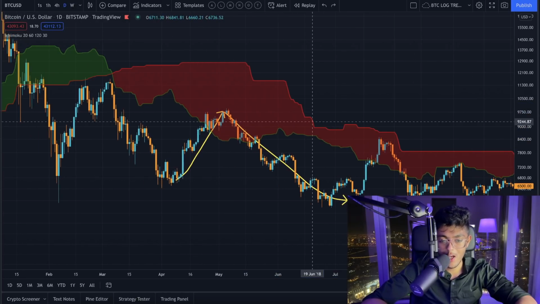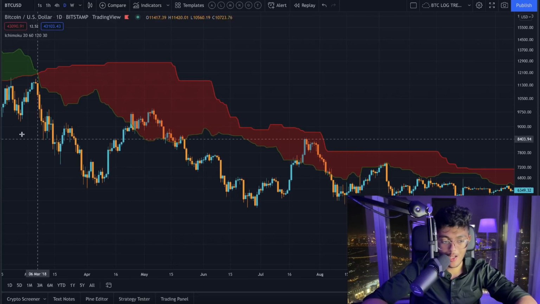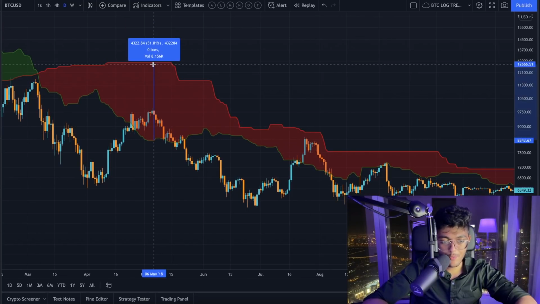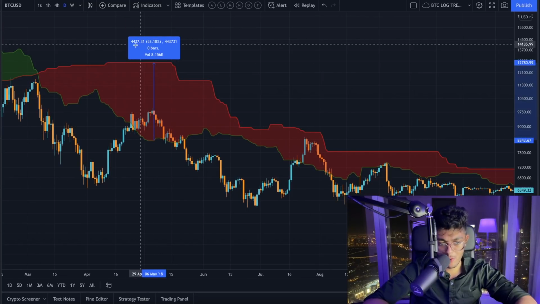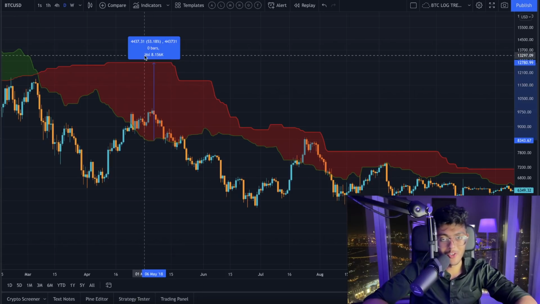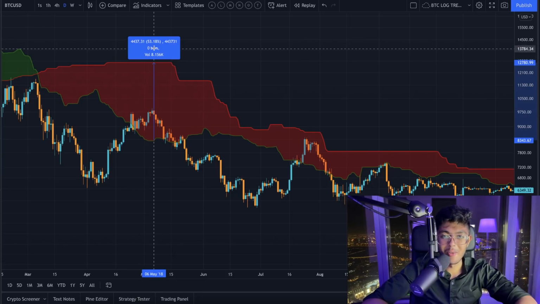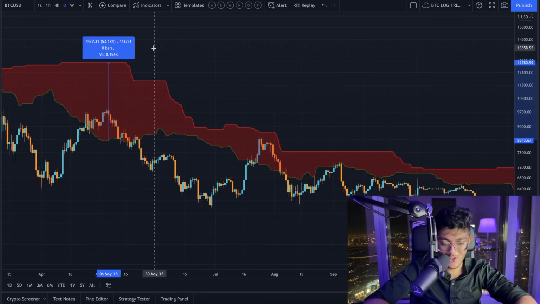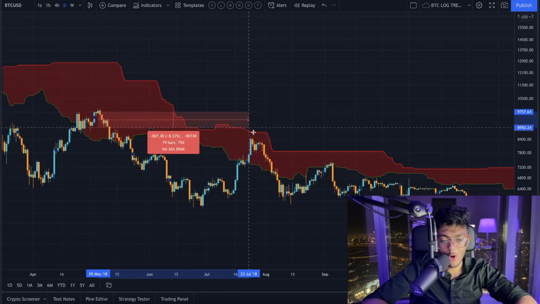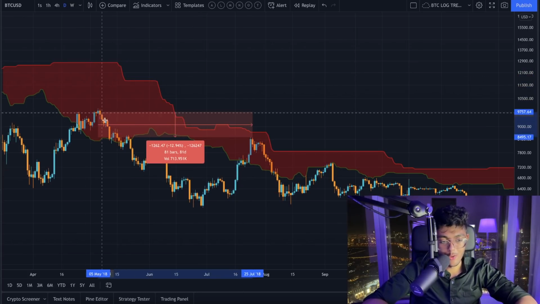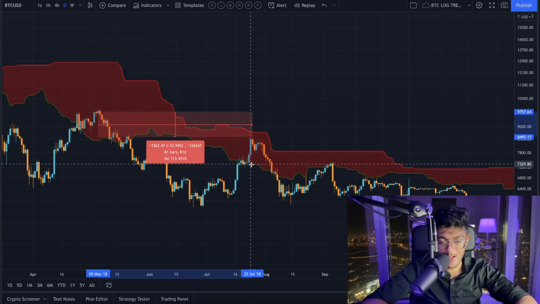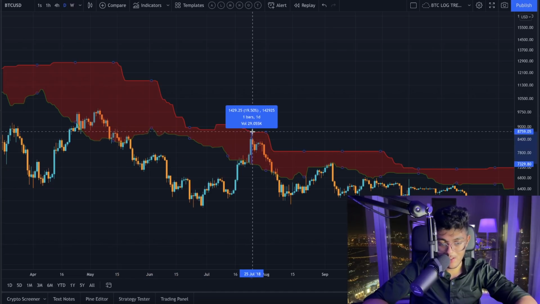If we measure this and just take note of how large the resistance range was right here, the resistance range for the Ichimoku cloud spanned $4,400, which I know sounds like nothing right now, but that was like 53% of price action. And then the next time, because we were able to challenge this area so well, our resistance range, when we finally challenge it, only spans 1,400 or 20%.